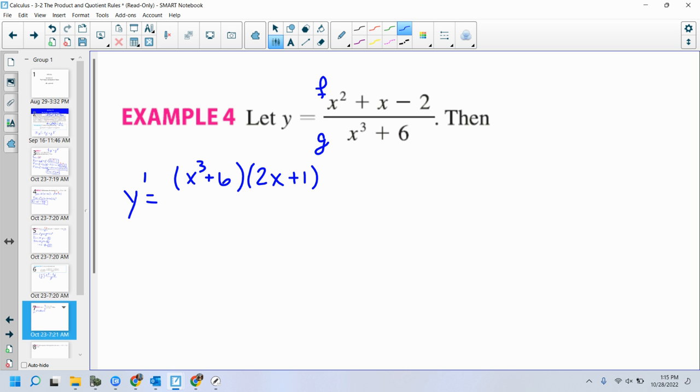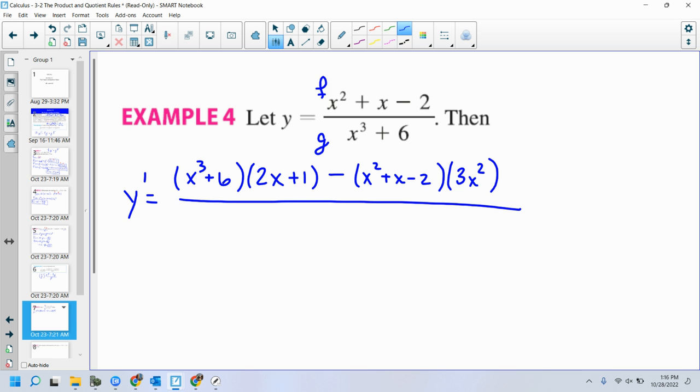Minus, you got a question? Minus f g prime: x squared plus x minus 2. And then what is g prime? 3x squared. All divided by g squared.